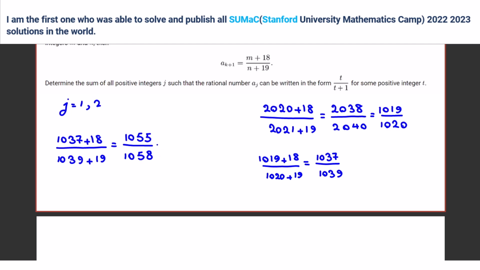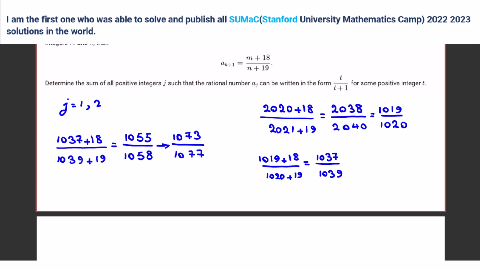Then for the next one, if you add 18, the numerator is 1073, and adding 19, the denominator is 1077, because this one plus 4, this one plus 4.